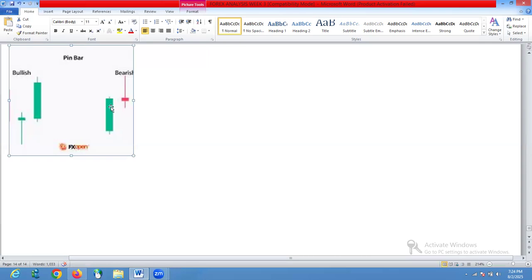Now, when you see an engulfing candle which is properly closed, it is a momentum candle telling you that, in the case of a buyer, most likely the price will continue to the upside.